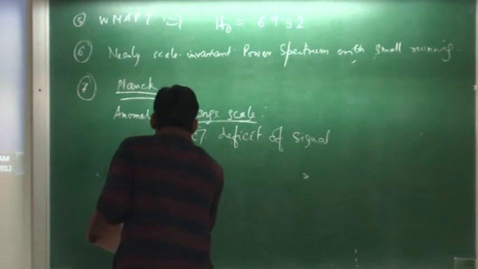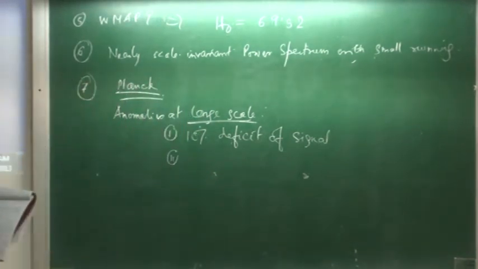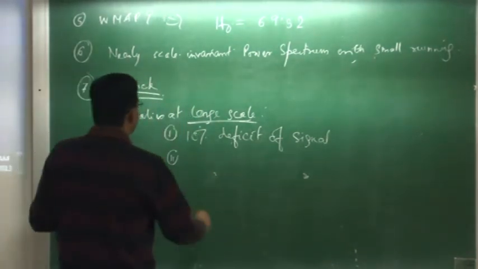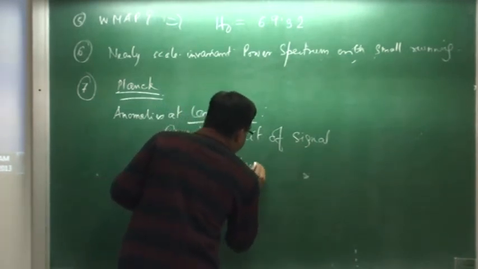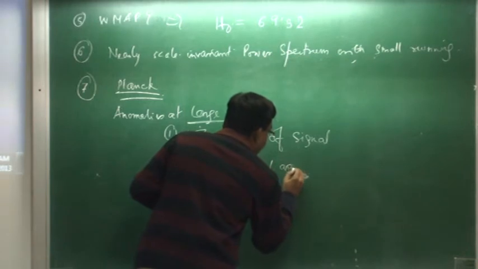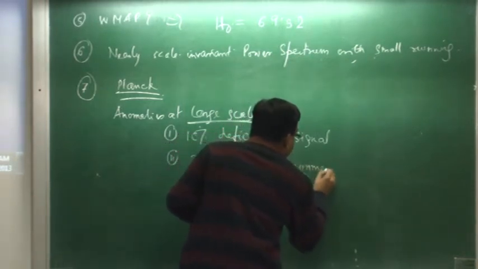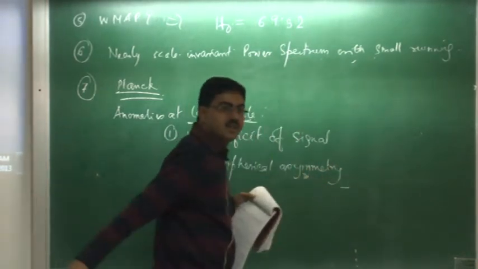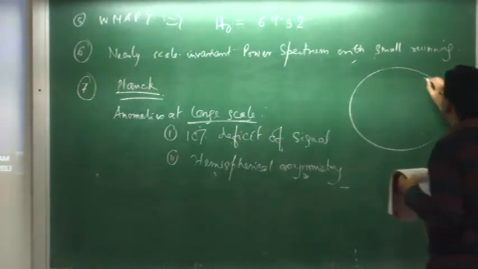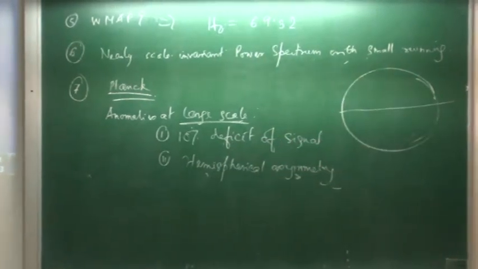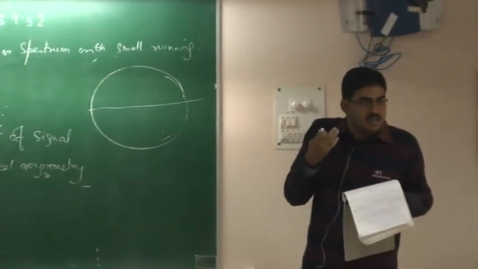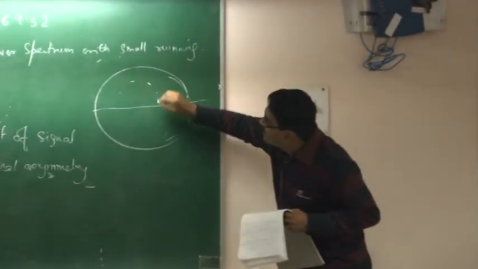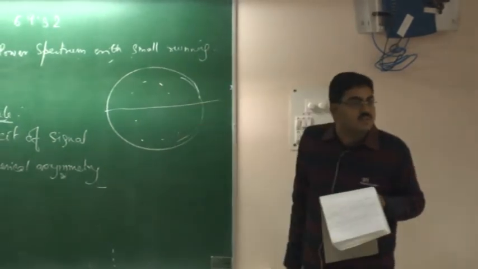Okay, and at the same time, I will finish in a minute, you have your hemispherical asymmetry. What I mean by this? As I said, this is your CMB sky, so you have two hemispheres, northern hemisphere and southern hemisphere, and whatever inhomogeneities you see, they are not symmetrically distributed through northern and southern hemisphere.